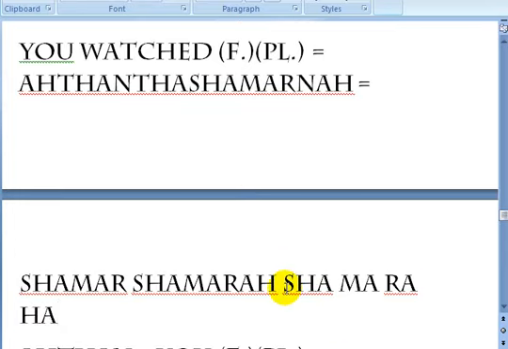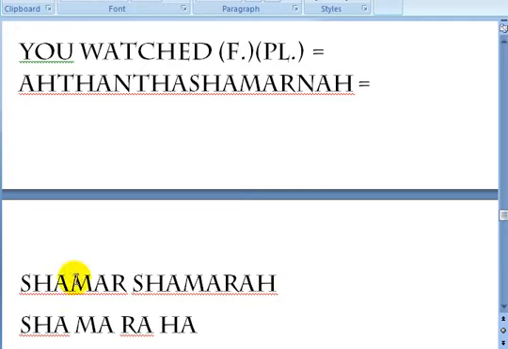This is what the word shamar consists of. It consists of 4 letters. So if you write it out like that, it's sha, ma, ra, ha. But when you put it together, it's shamar. That's how you say it. But then when you add the ha at the end, I'm sorry. Let me go back. Alright, the word shamar consists of 3 letters, sha, ma, and a ra.